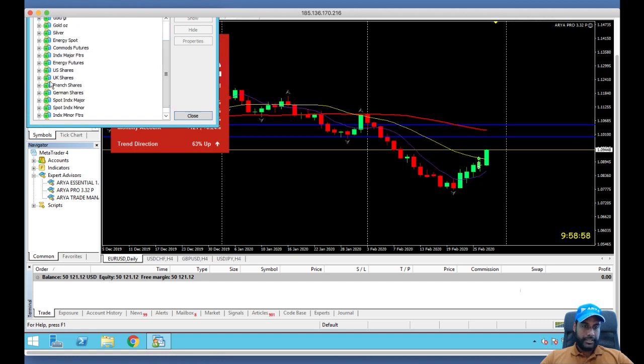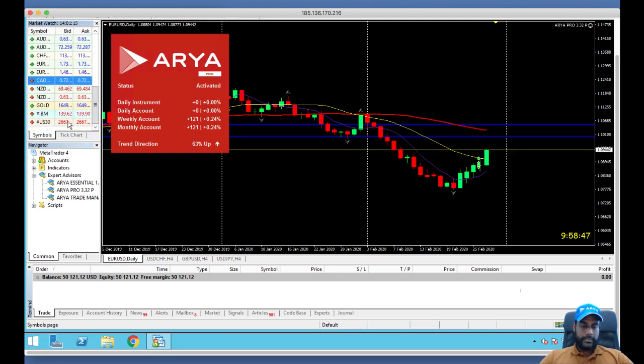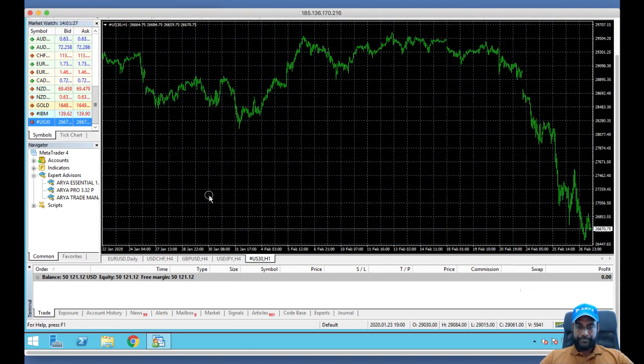So I'll choose here spot index major. I'll put Dow Jones, for example, here. Okay. Chart window. So this is a chart of the Dow Jones.